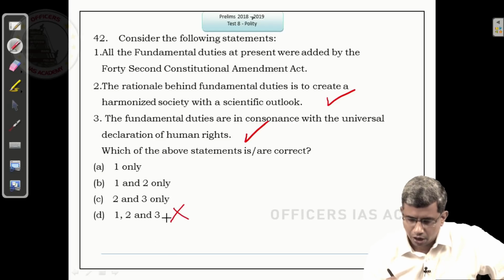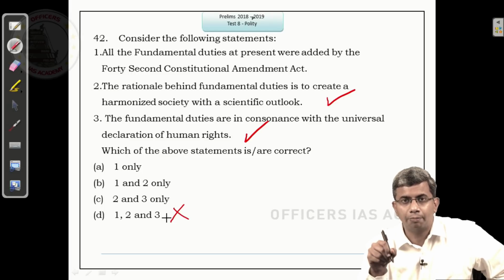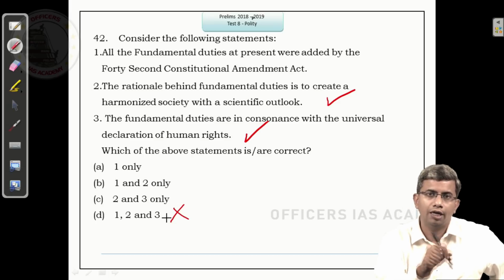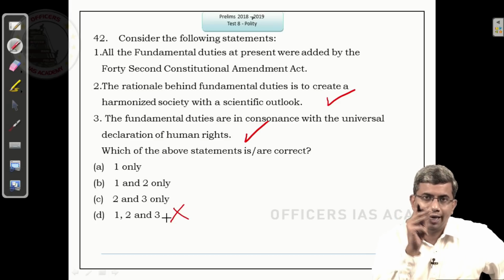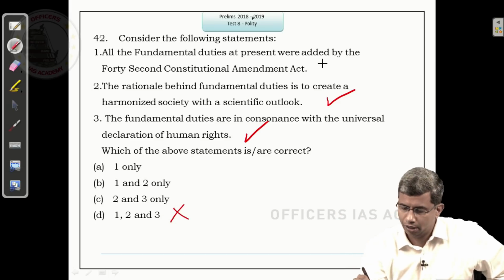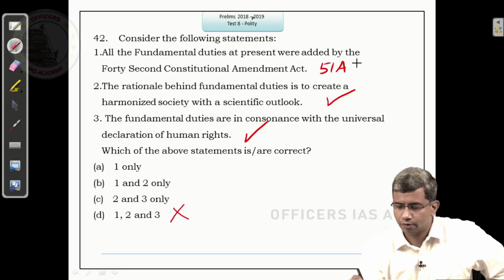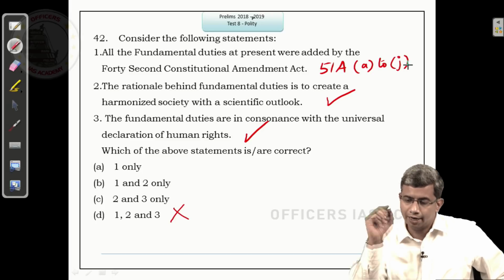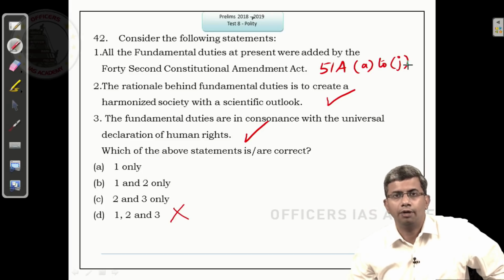So is the correct answer D? No. All the fundamental duties at present, when you are answering the question paper on January 21st, 2018, were all of them added by the 42nd Amendment Act in 1976? No. Article 51A, A to J, the 10 fundamental duties were added in the 1976 amendment.